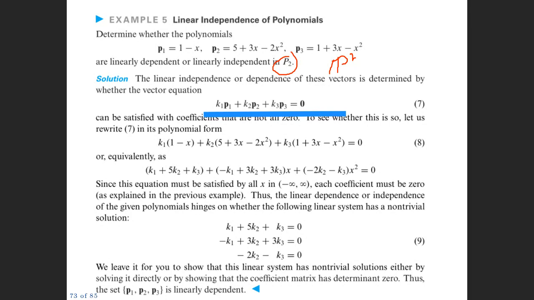As it says at the bottom, for this one, it turns out there are non-trivial solutions. So therefore, p1, p2, p3 are linearly dependent. I'm going to move on again. You can come back and read this later.